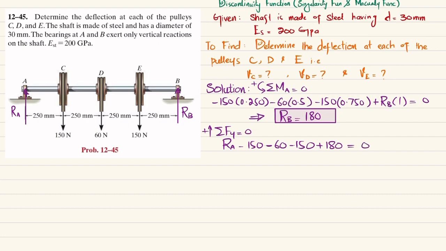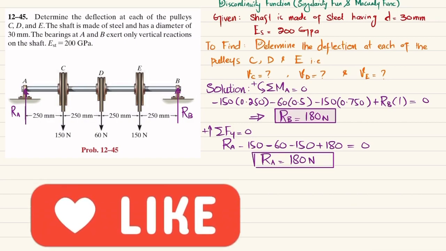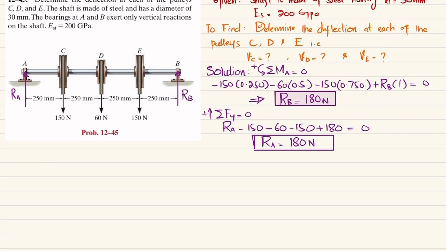The unit is Newton, so you will get RA equal to 180 Newton, because 150 plus 60 plus 150 is 360, minus 360 plus 180 will be 180. So now you have RA and RB.